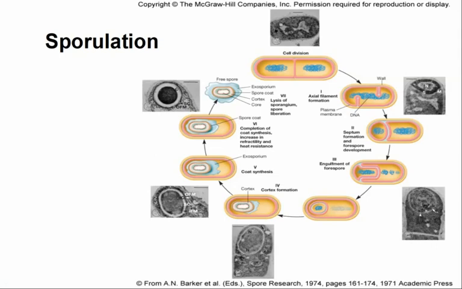Why is that important? Well, this is a bacterial pathogen which infects and kills livestock, and when animals are infected, they'll bleed, they'll spit out blood which contains a lot of anthrax bacilli.